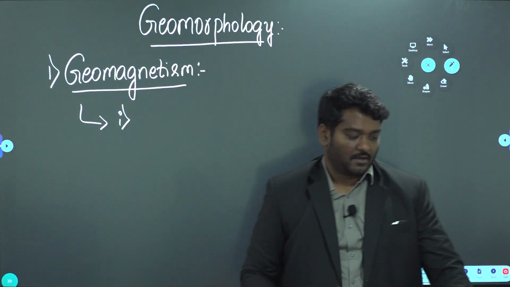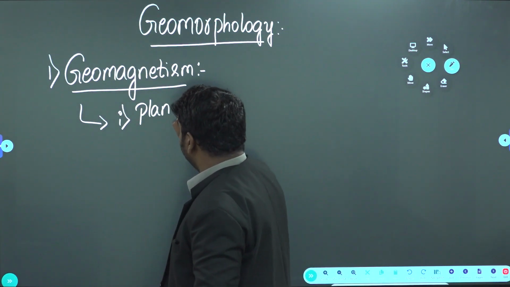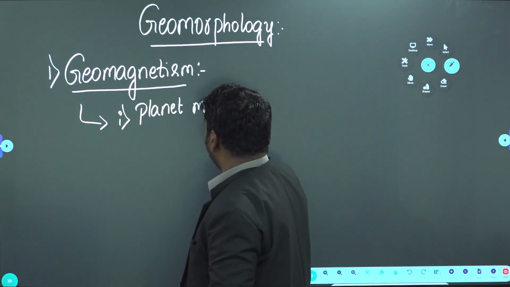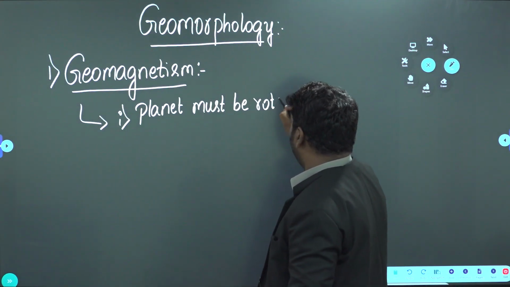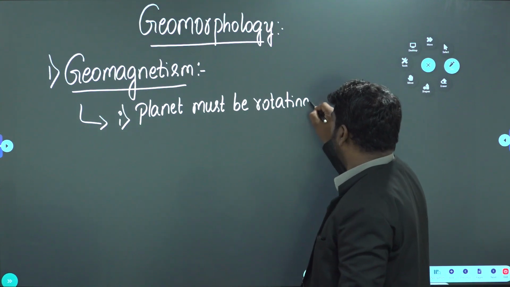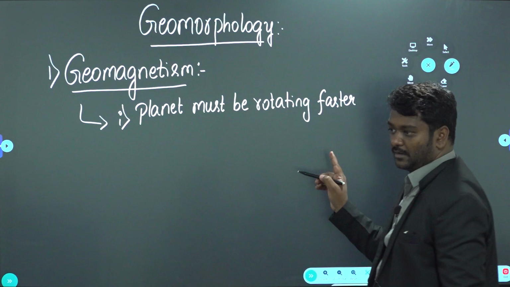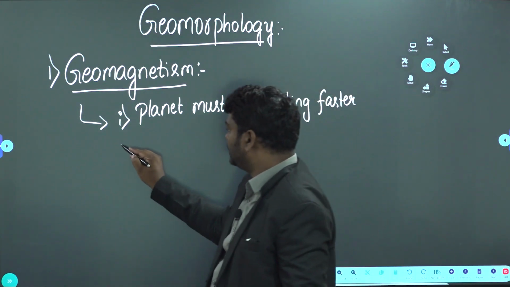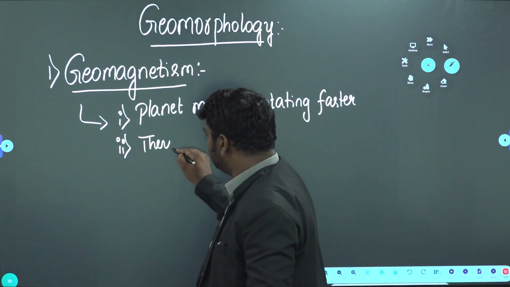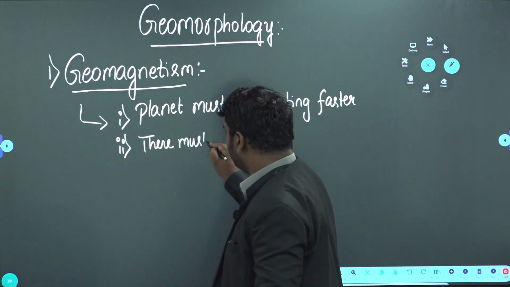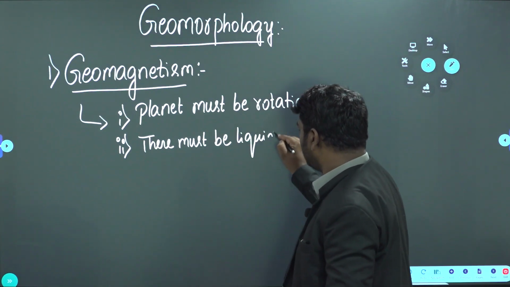conditions are the planet must be rotating faster. Fine. Second, there must be liquid medium inside.